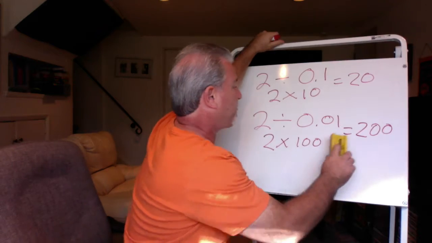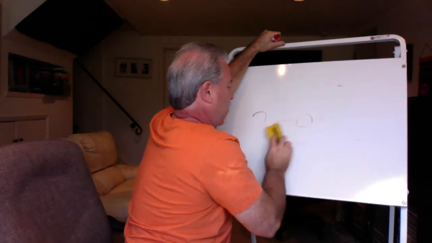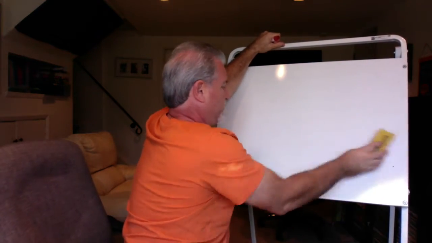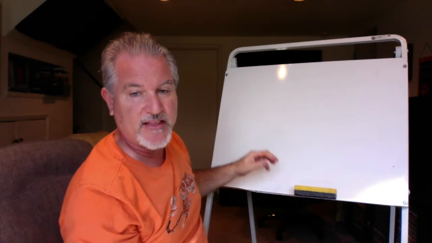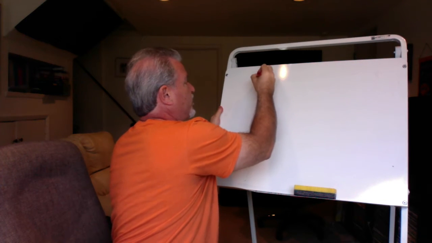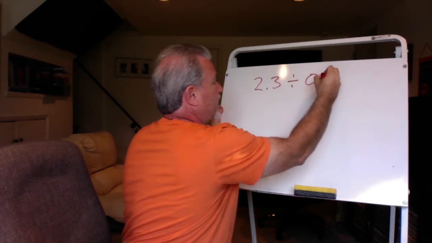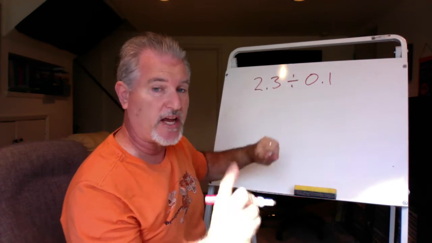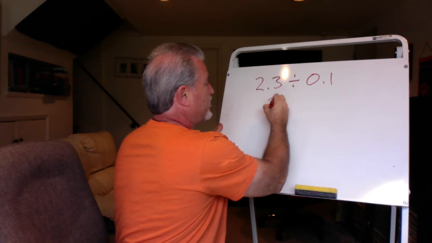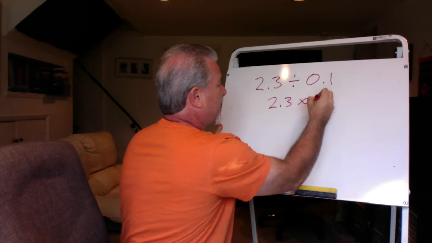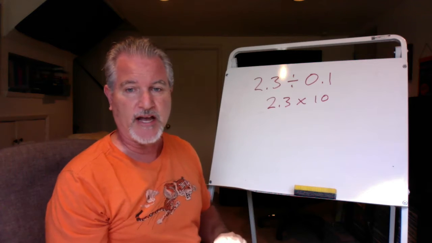Now, let's see what happens if we have a number with a decimal in it. Let's say that the question is 2.3 divided by 1/10. So, just like the other problem, this is the same thing as 2.3 times 10. Okay?